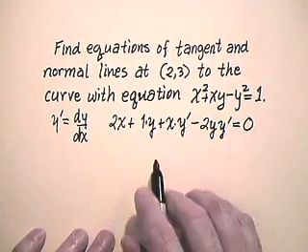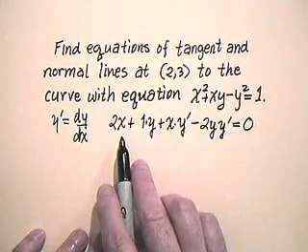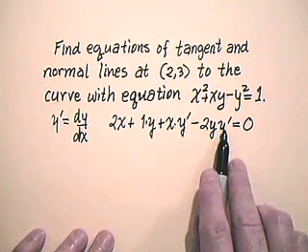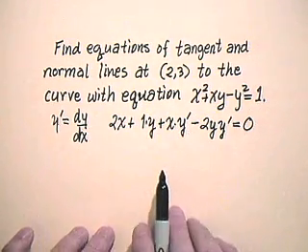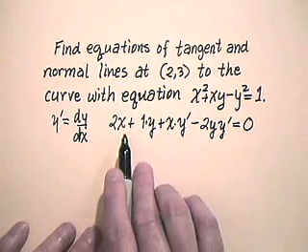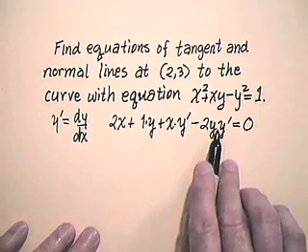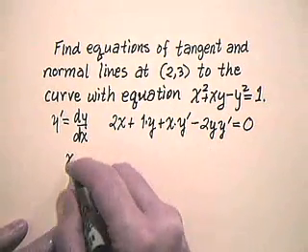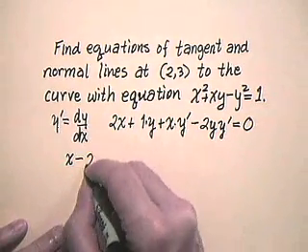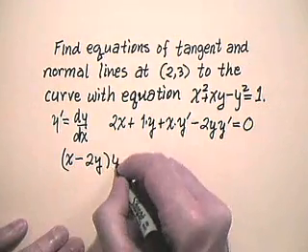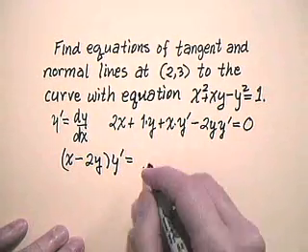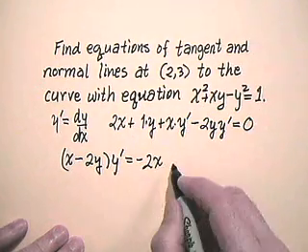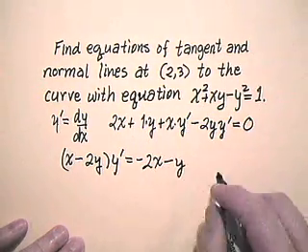So again, as usual, notice every term either involves dy/dx, that is, it involves y prime to simply the first power, or it's not there at all. So move the terms without the y prime to the other side. We get, factoring out the y prime, (x minus 2y) y prime equals negative 2x minus y.